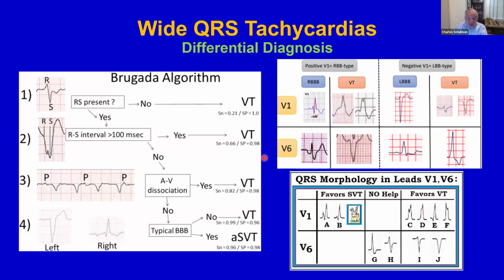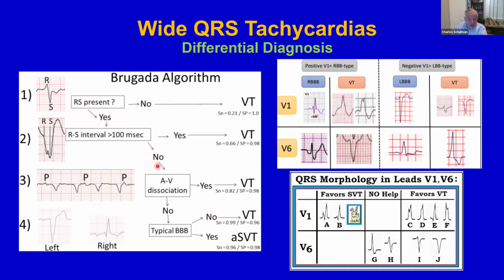Okay, now what we generally suggest is to use the Brugada algorithm. If there is an RS present in any of the precordial leads, then you go to the next step. If it's not present, it's VT, no question. If it is present, you look for an R to S interval of greater than 100 milliseconds.